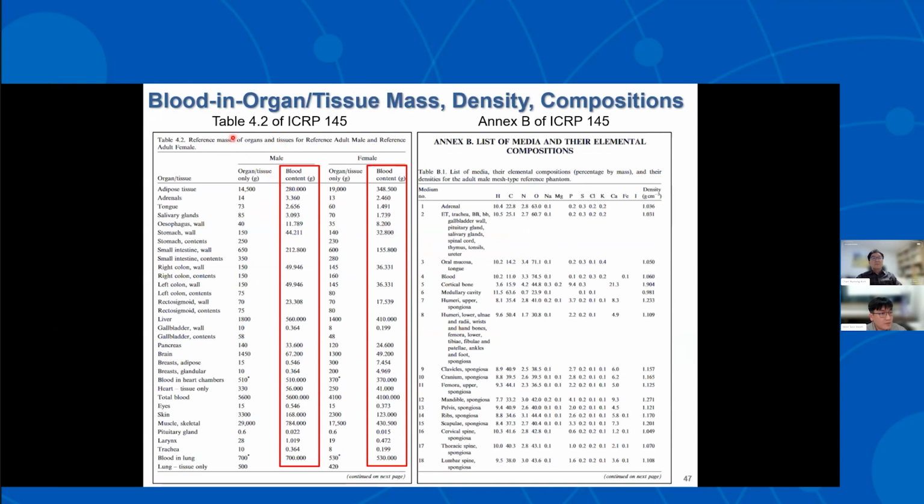Table 4.2 of ICRP publication 145 provides the volume and mass for each organ or tissue, together with the organ mass of tissue only. And also Annex B of ICRP 145 provides the density and the elemental composition for each organ or tissue, which are inclusive of the blood.